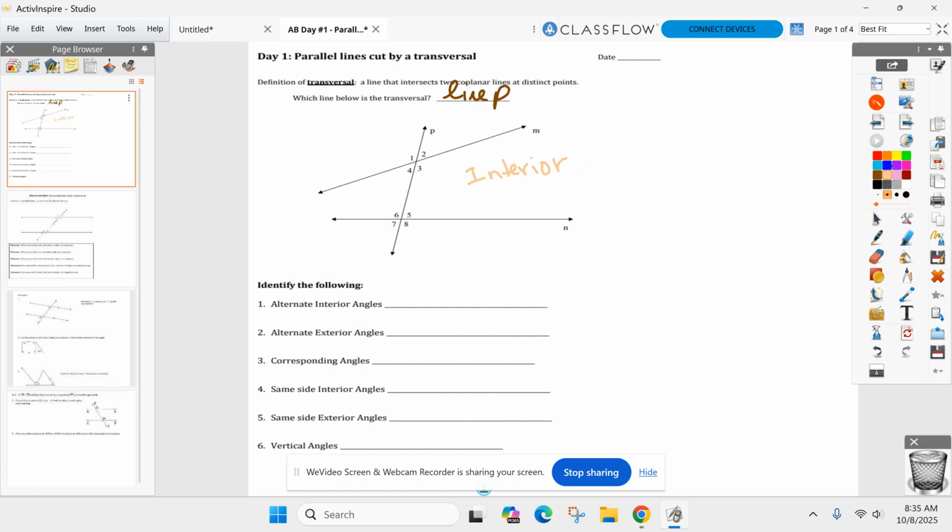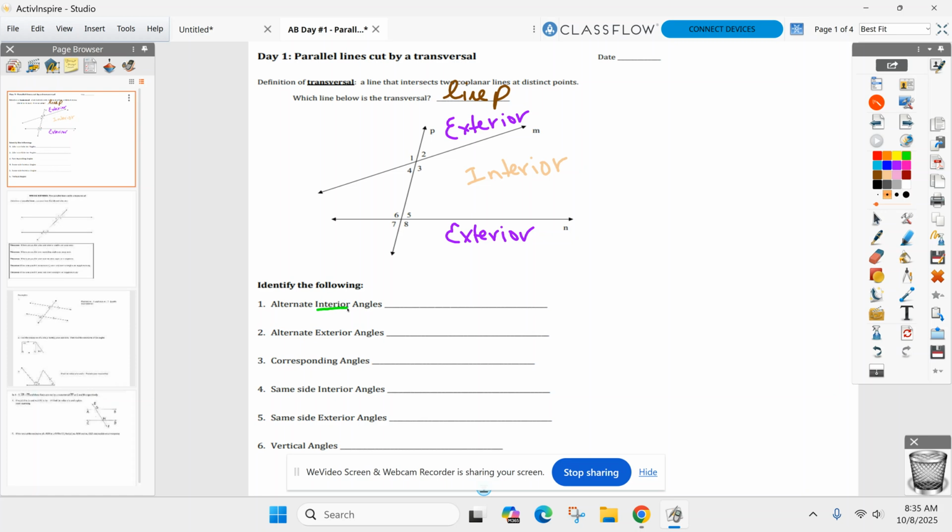And then shocker, if I'm going to go outside those lines, you're going to start hearing the word exterior. So the names of the angles are going to give you a hint to where their location is. Interior, I want to look inside the lines. Exterior, I want to look outside. Look at number 1, the first pair of angles right there. Alternate interior angles.